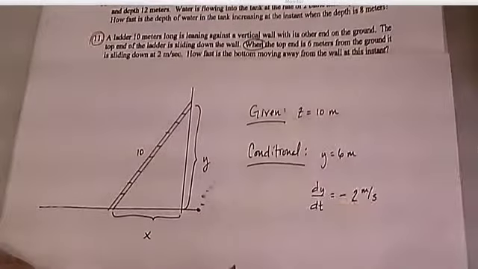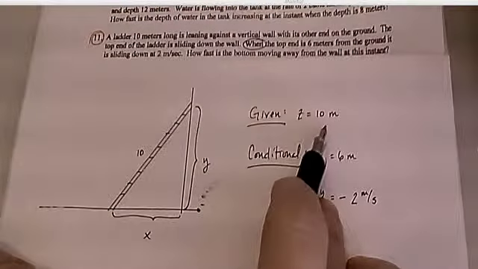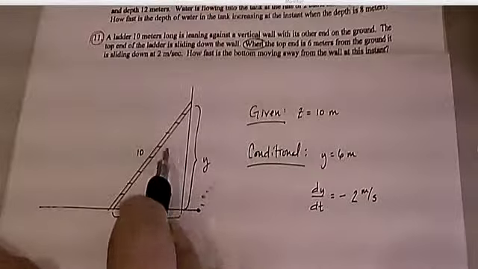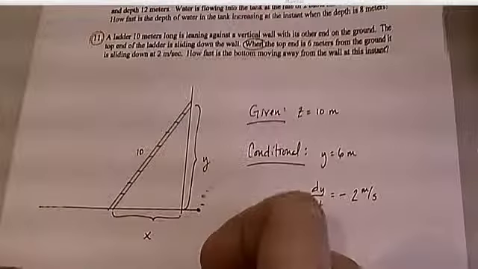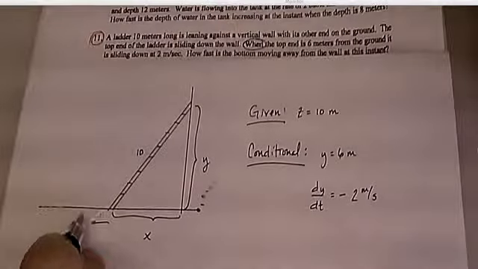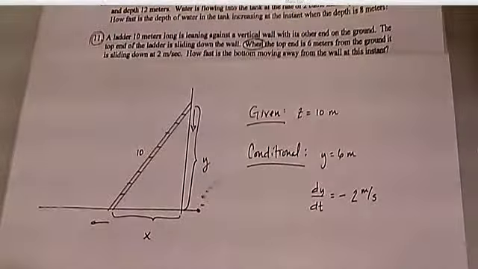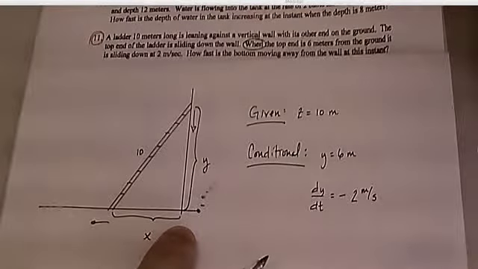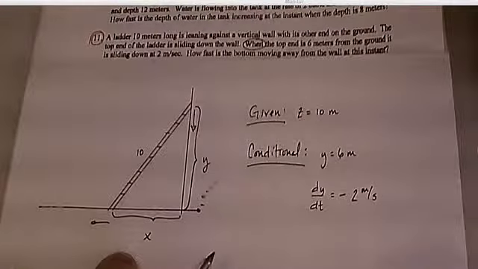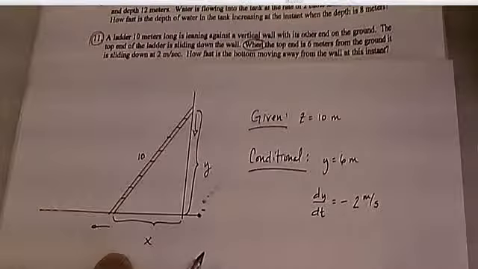The ladder is always 10 meters. As the bottom slips away, the top is going to be slipping down. So y is getting smaller and x is getting larger.